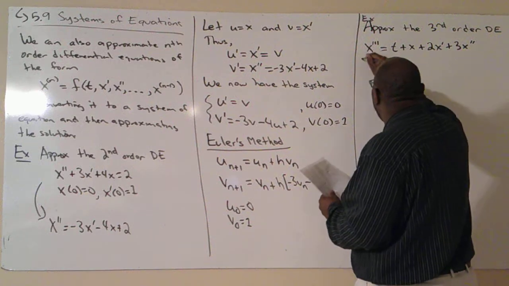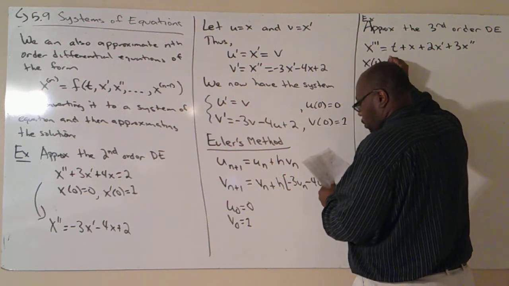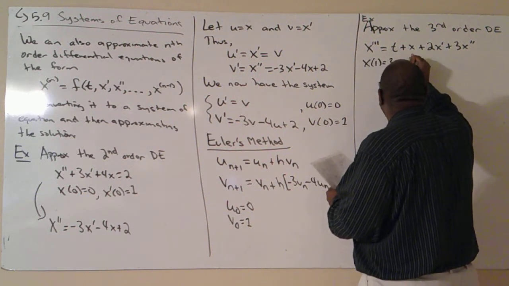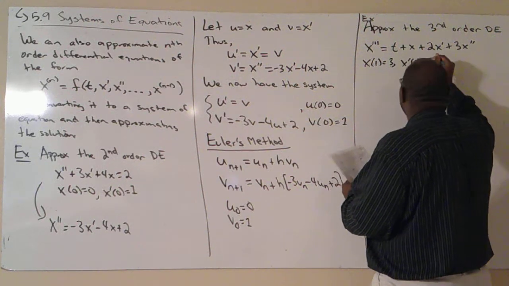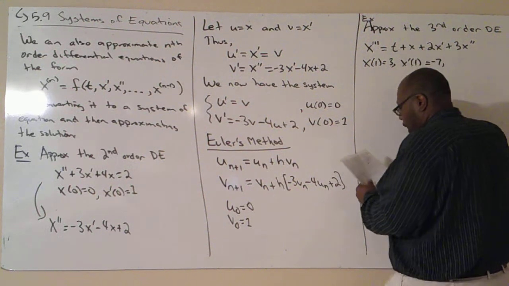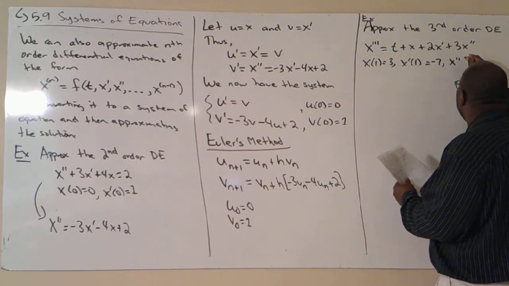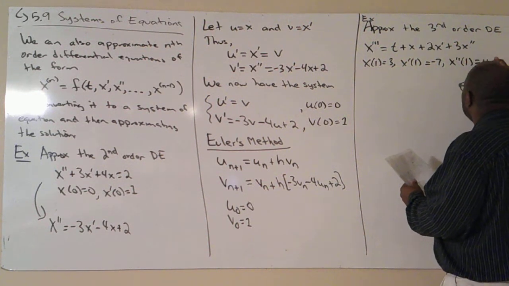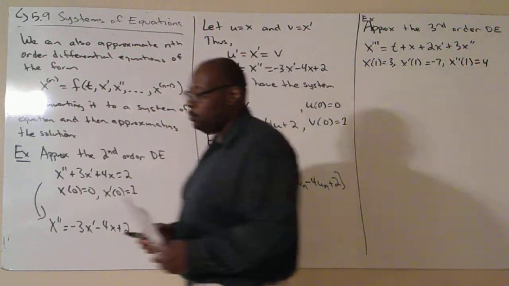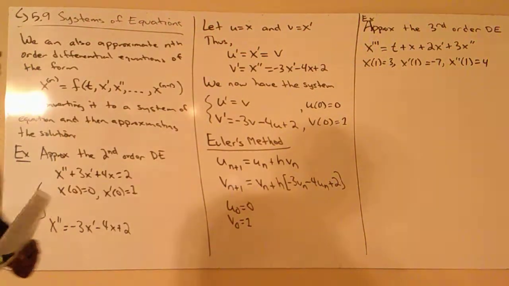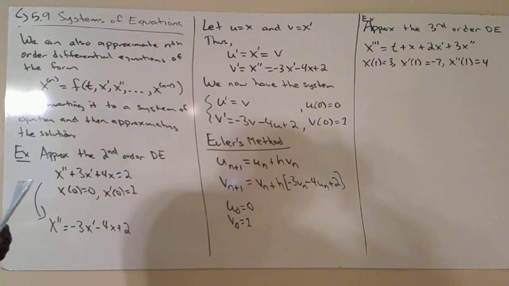We have x of 1 is equal to 3, x prime of 1 is equal to negative 7, and x double prime of 1 is equal to 4. So this is my initial value problem. Again, this is a third order differential equation.